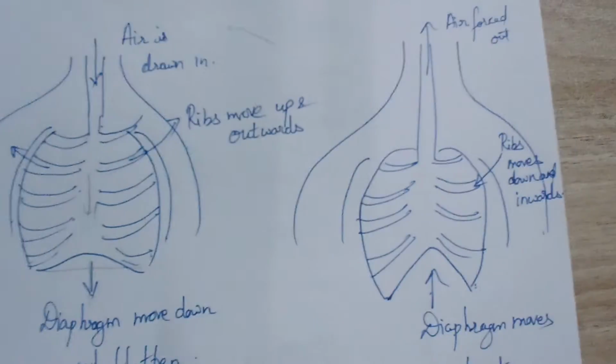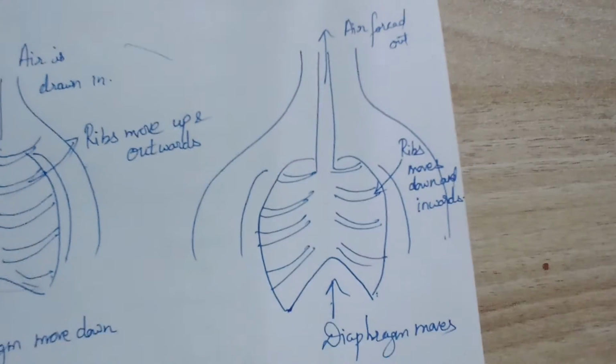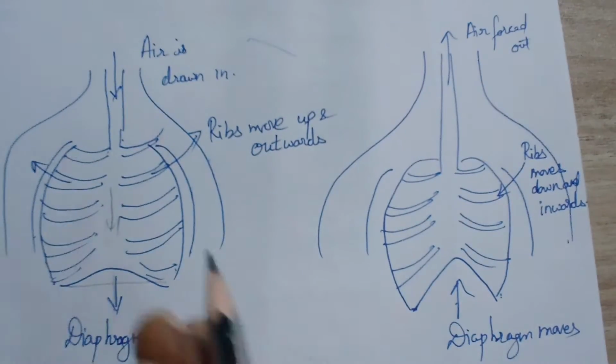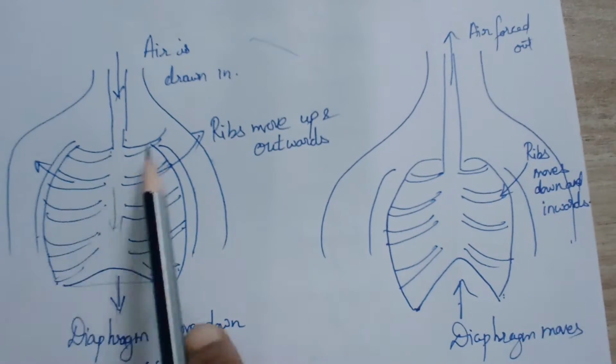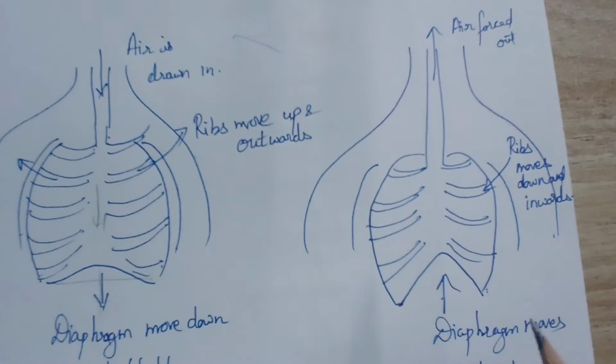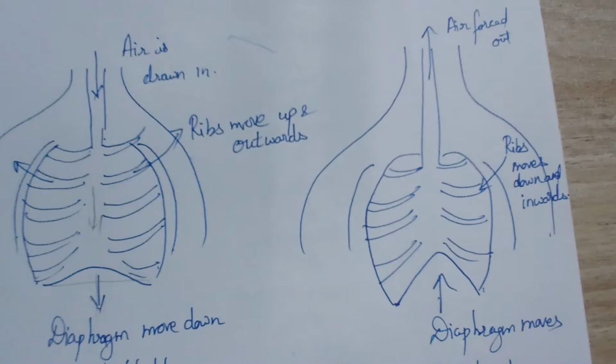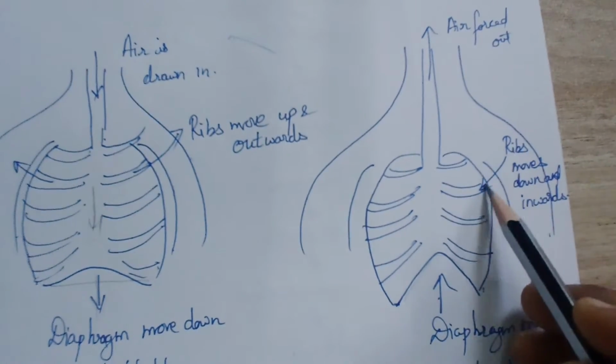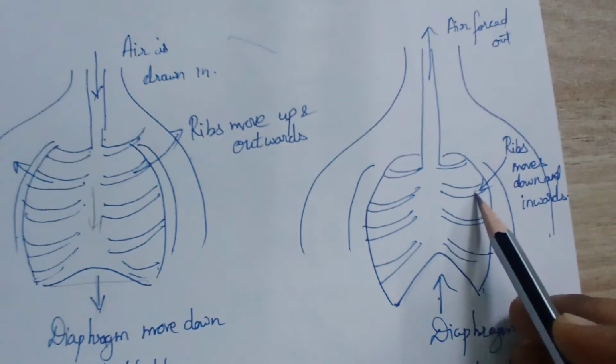Once the air is forced out, you can see the difference. It was expanded, and now it shrinks, right? So the diaphragm moves back to its position, and the ribs move downwards and inwards.